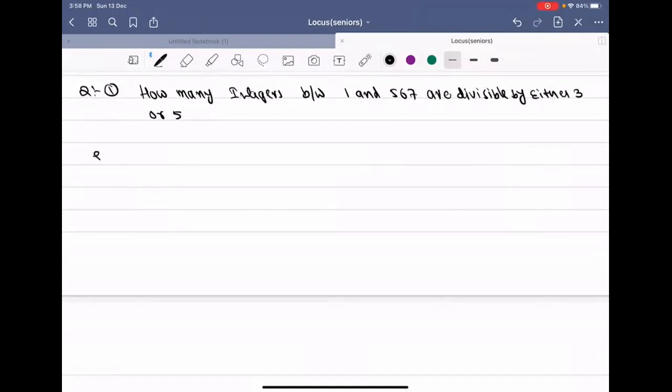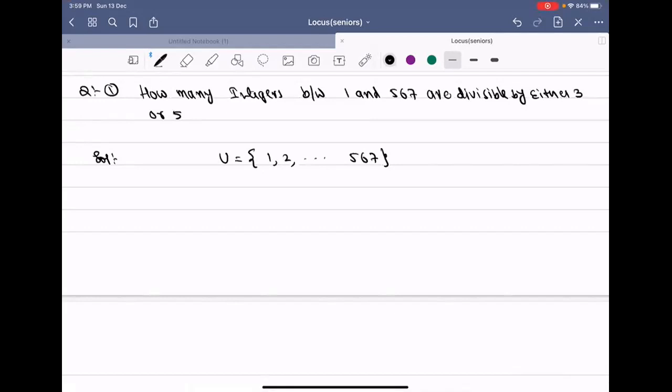To solve questions of this type, first we write the universal set. Universal set U contains the elements 1, 2, 3, etc. up to 567. Next, here the numbers are divisible by 3 and 5.